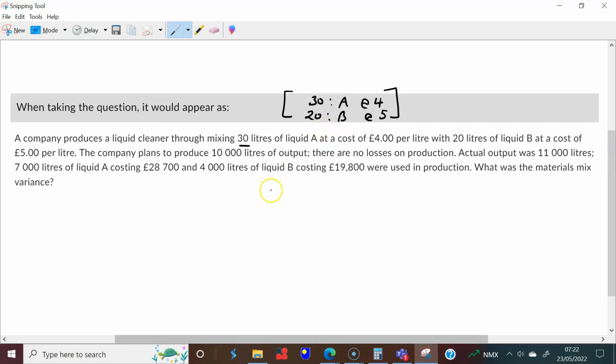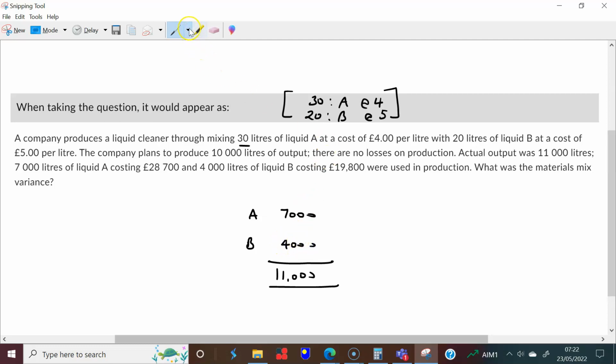Right. So the first thing, if I remember highlighting, is that you always want to find out what the total was. You had a total output of 11,000, and then for A you had 7,000 liters and for B you had 4,000 liters.